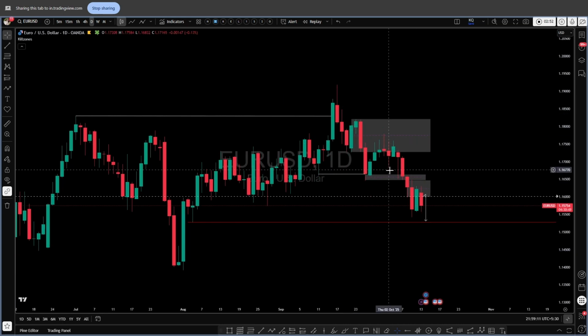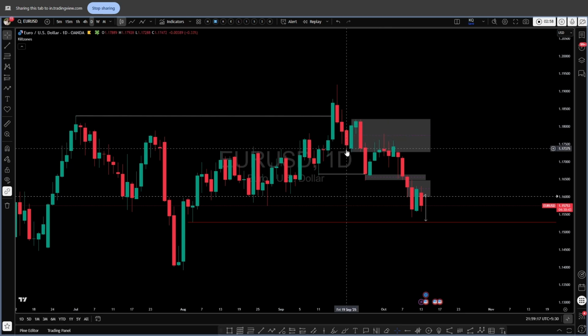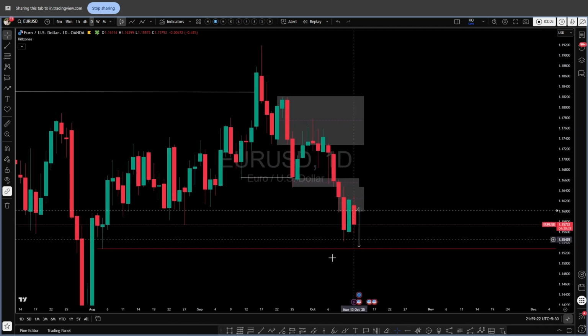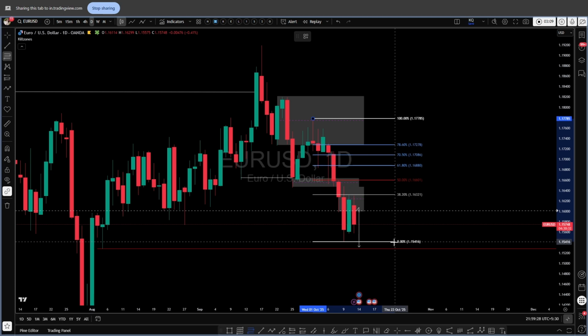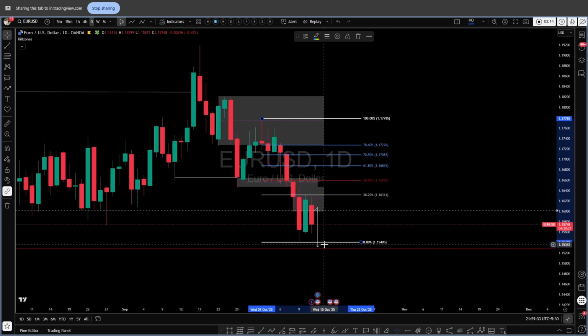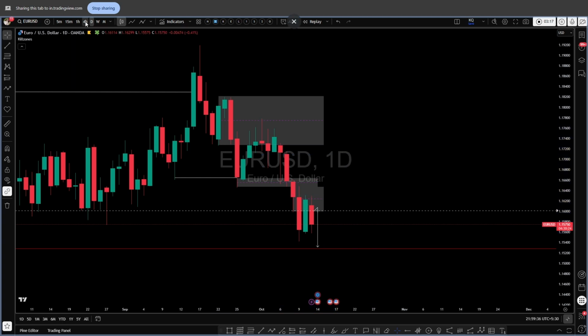After this impulsive drop and break of structure, price corrected back higher all the way to 50% of this correction, and right now we are dropping. If we drop Fibonacci on the last impulsive move towards the downside, we corrected back higher to 38.2 and right now are rejecting from it. So things are pretty much lining up.